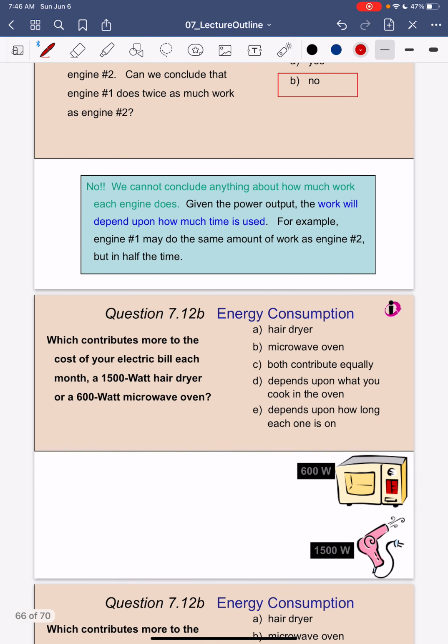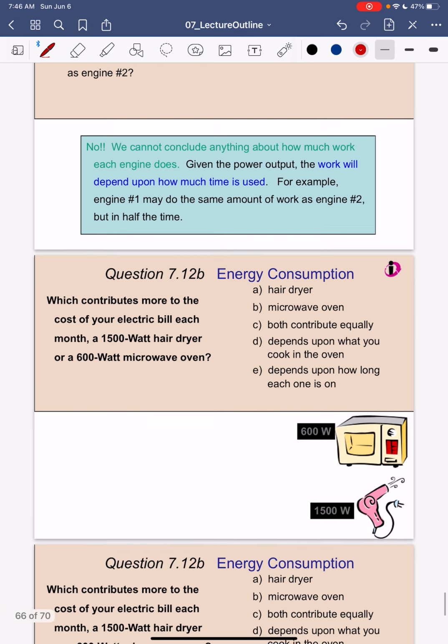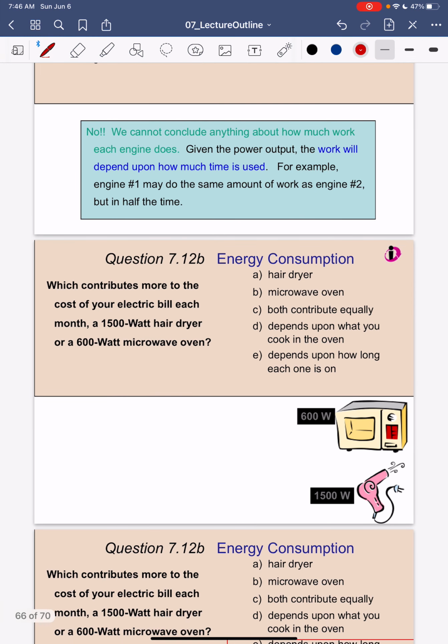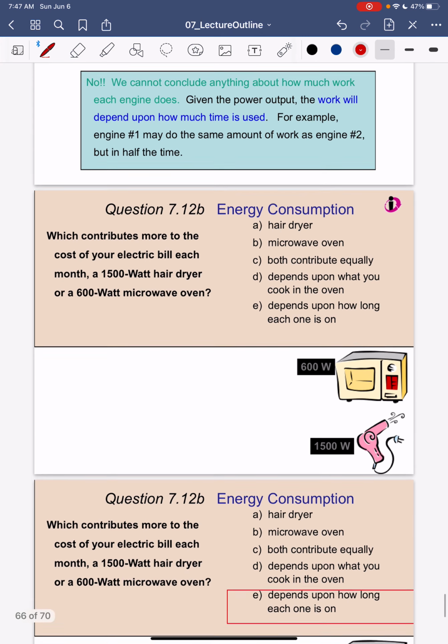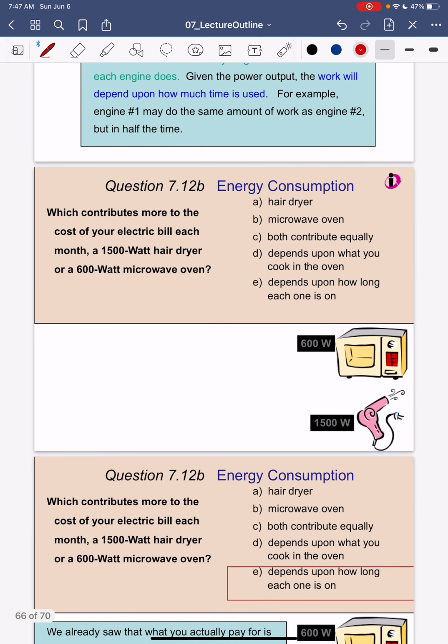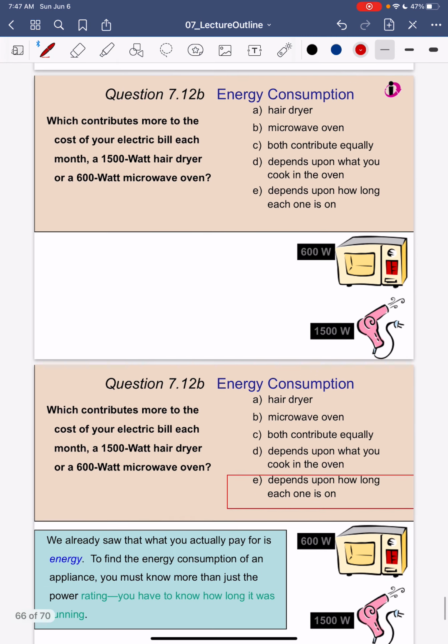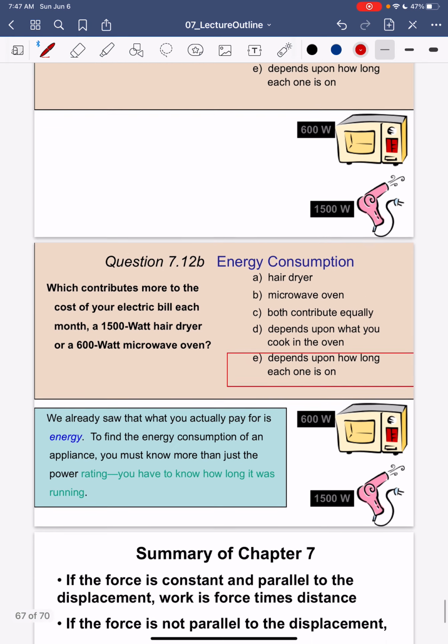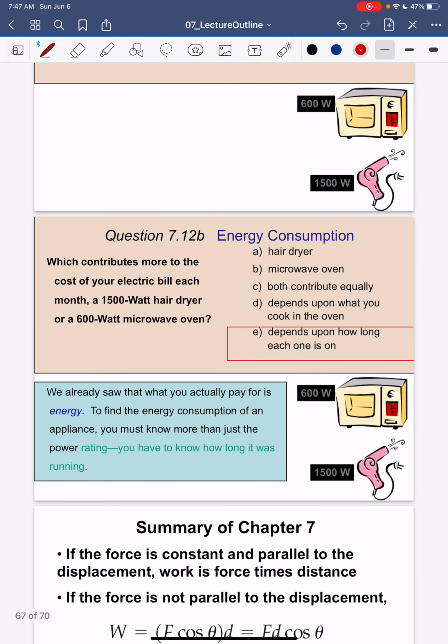Which contributes more to the cost of your electric bill each month, a 1500-watt hair dryer or a 600-watt microwave oven? Of course, again, we will not be able to tell until we know the time for using the microwave and the hair dryer. It depends upon how long each one has been used.